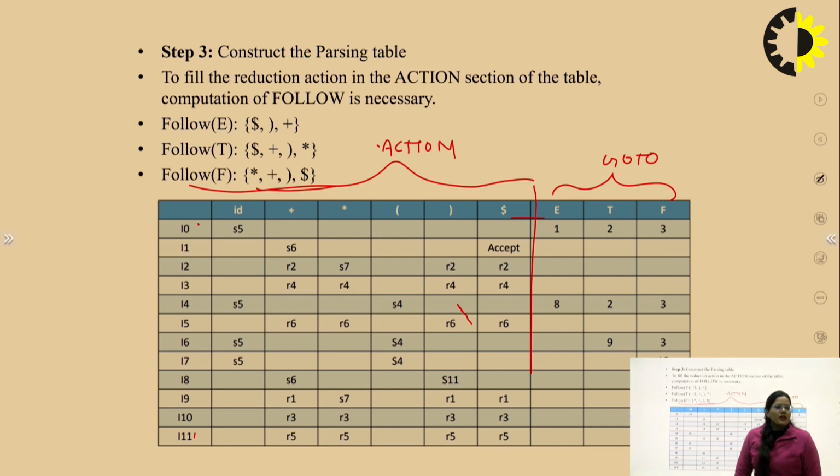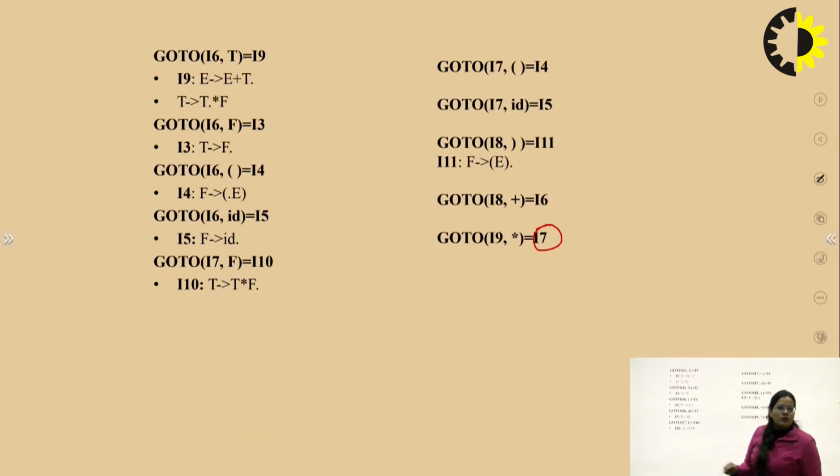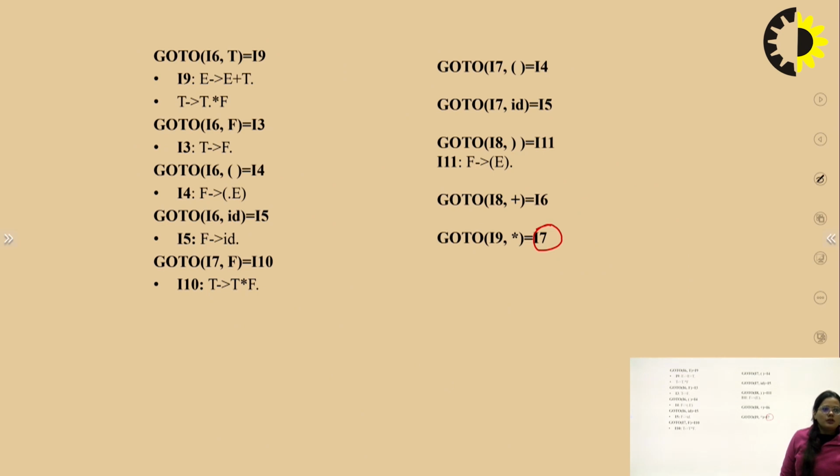Now first is go to I0 comma E. E is a non-terminal. We read E and we go from I0 to I1, so we put an entry I0, E is 1.